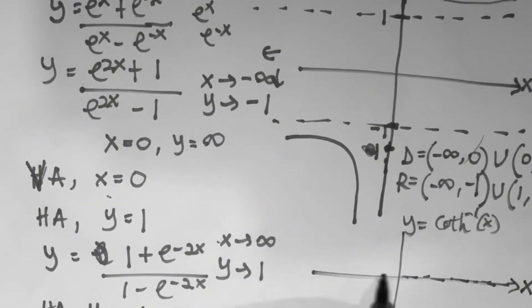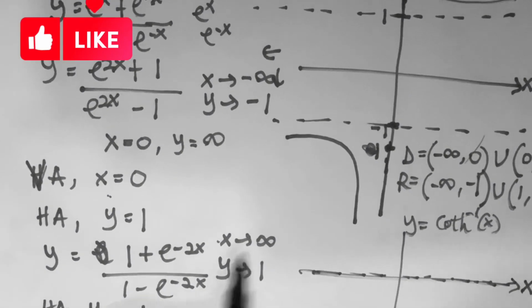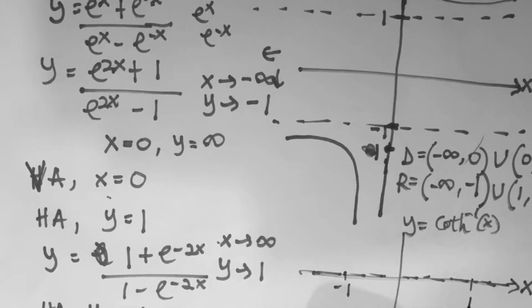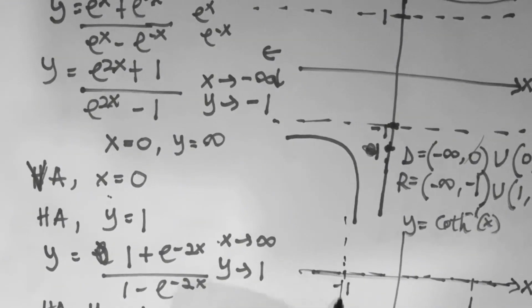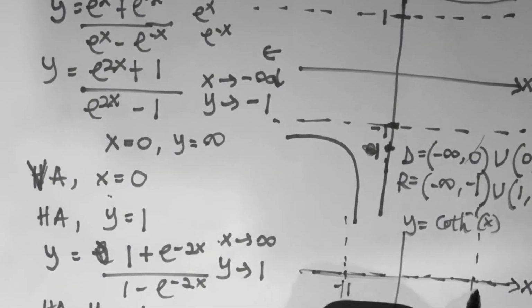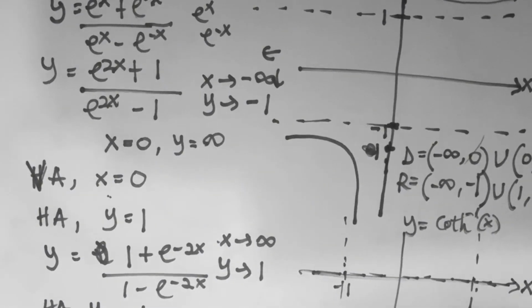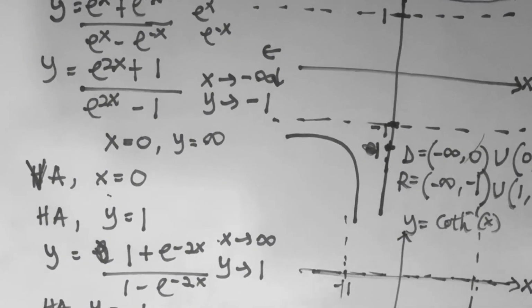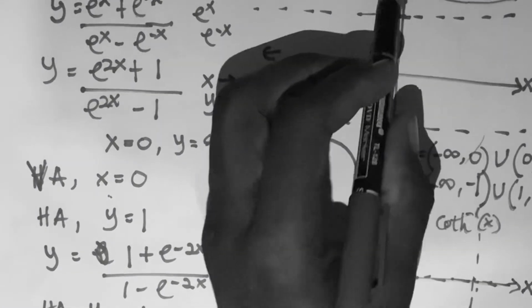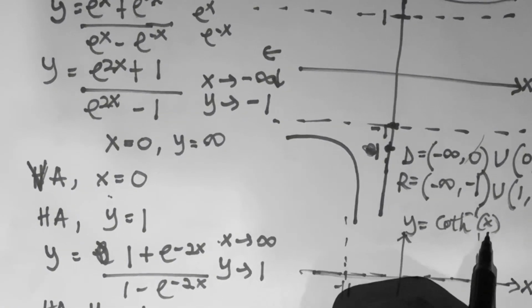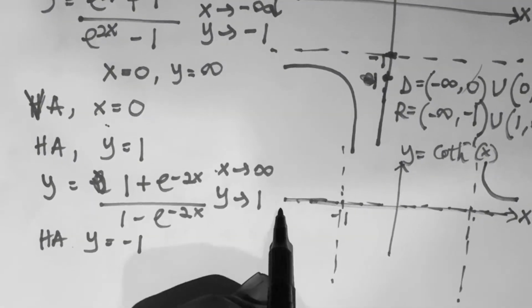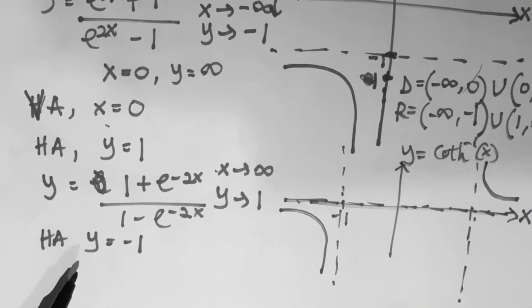And then this horizontal asymptote will become a vertical asymptote at minus 1 and 1. So this becomes a vertical asymptote, and then this one also becomes a vertical asymptote. Now this is y, and then this is x. So if we reflect this, it won't change. So this one will be here. And then if you reflect this one, it won't change. This one too will also look like this.